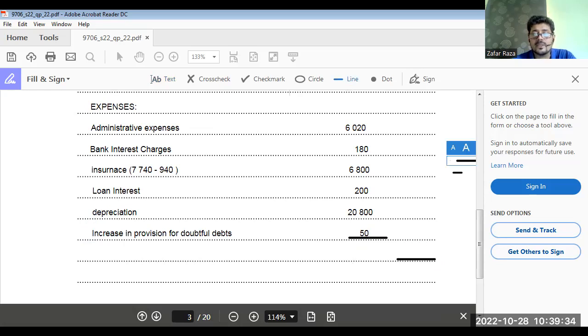Now, how to get total expenses? 6,020 plus 180 plus 6,800 plus 200 plus 20,800 plus 50. That will be 34,050.